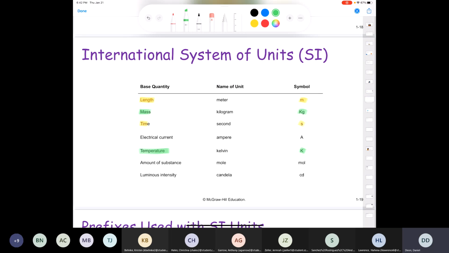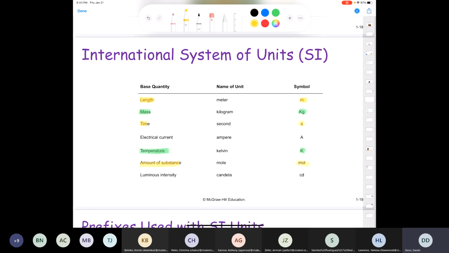Now, some of you may not be familiar with the Kelvin temperature scale. You might be wondering, well, how many Kelvin is it out today, or out this evening? Well, we'll talk about what a Kelvin is. And then for the amount of a substance, how much of a substance do you have? It's based off of the mole, M-O-L-E, which is abbreviated mol. Pretty good abbreviation, huh?